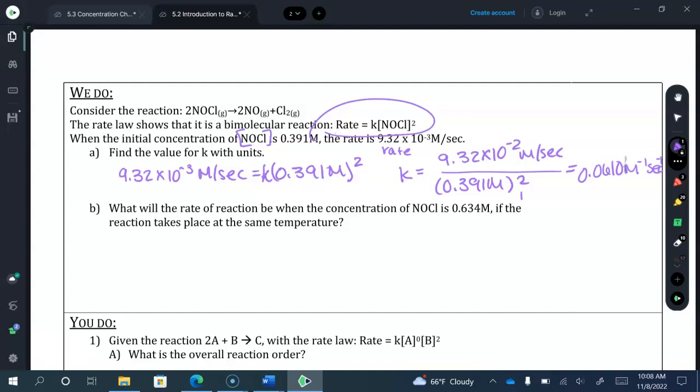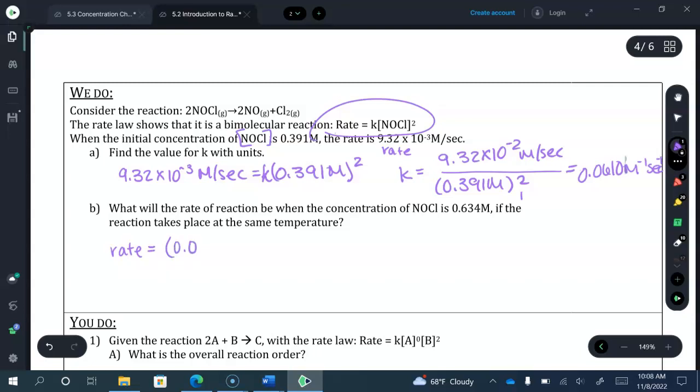I'm sorry. Okay, so then what will the rate of reaction be if you change the concentration to 0.634 molar? Now that's not a clean double, so we can't just double or quadruple the rate because it's second order. So you actually have to plug in the number. So rate is our unknown, because that's what it's asking us for, is equal to K, which we just calculated, and it's going to be the same as long as all the other initial conditions are the same, temperature, right? K stays the same as long as temperature is, and we can assume it is because it's not telling us that it isn't.